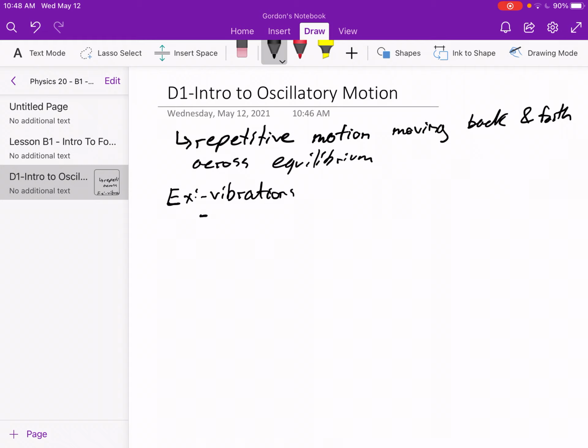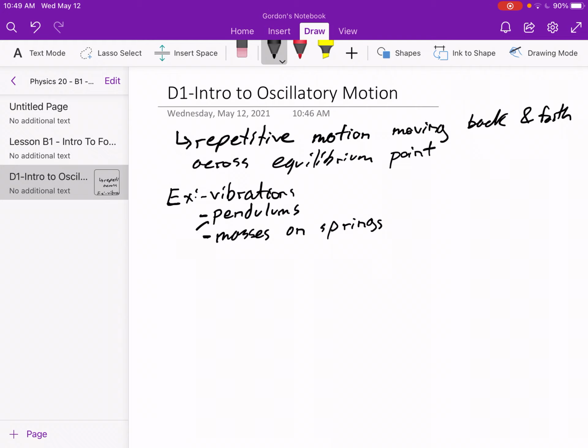Other topics that we look at, especially here in Physics 20, are pendulums and masses on springs. In both of these cases, we've got some sort of repetitive motion that is moving back and forth across an equilibrium point.